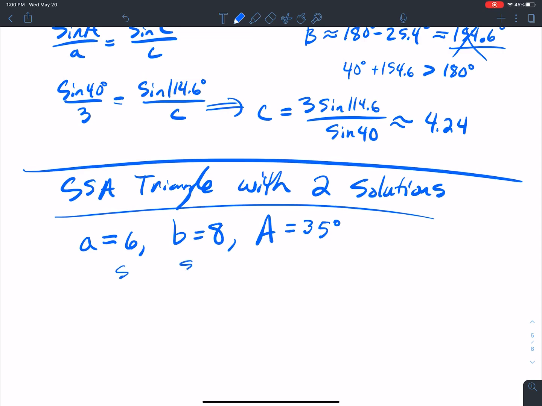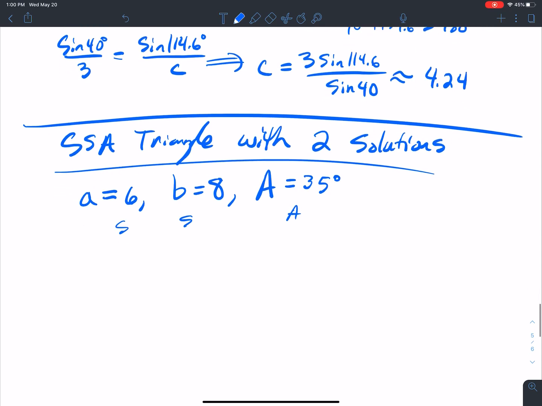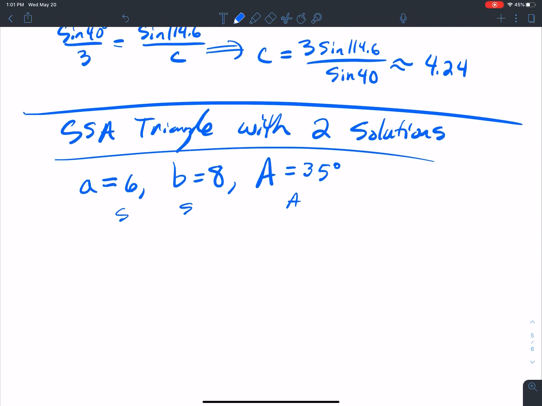So side angle, right? So when I draw my picture, I've got 35 degrees here, and this is side b, and side 6 can either be here or it can be here.